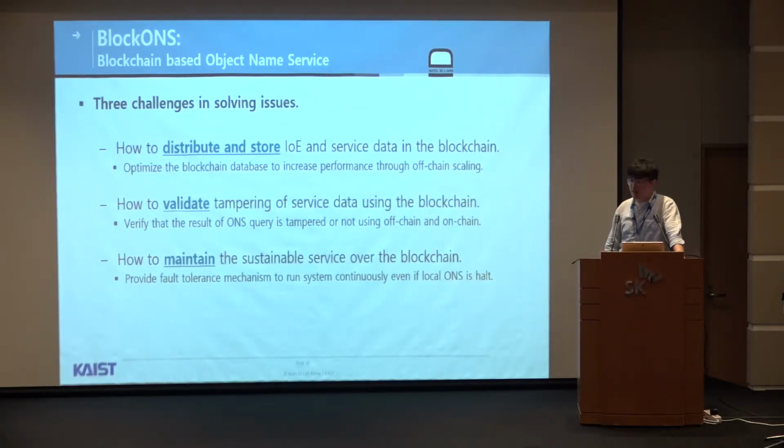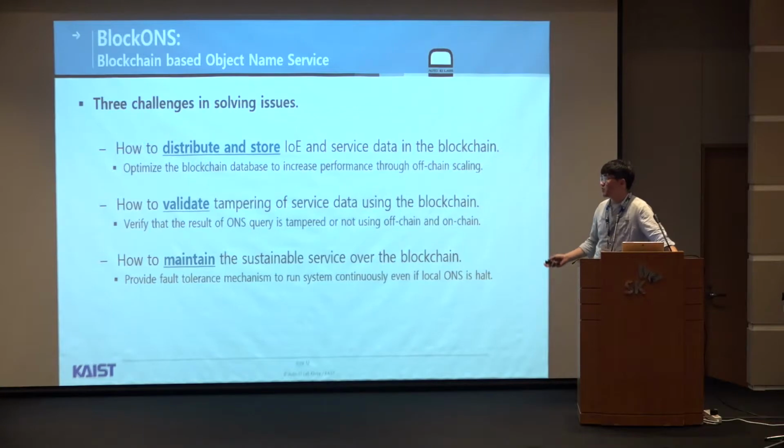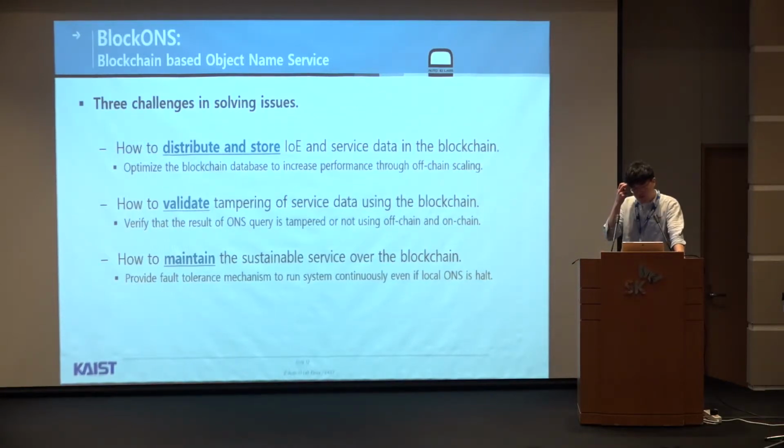So there are some challenges in solving this issue. The first one is how to distribute and store the IoE and their service data in the blockchain. If we just store the original IoE data and service data in the blockchain, it is not efficient.